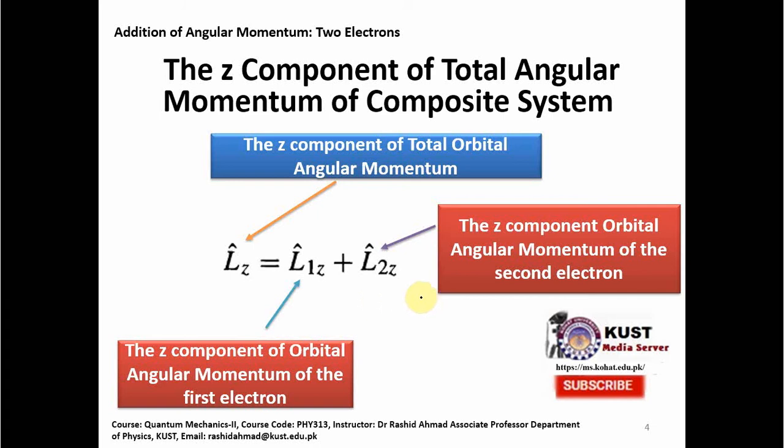The reason is that we can simply add the orbital angular momentum of the first and second electron because they are in the same direction. For example, if this is the x direction and this is the z direction, these two electrons' angular momenta are in the same direction.